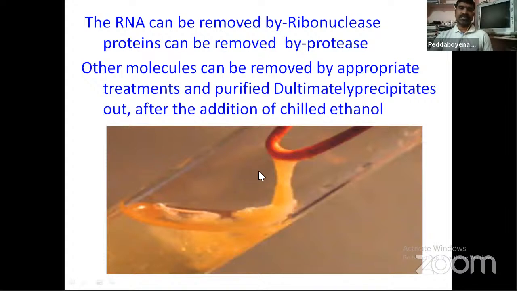After adding the chilled ethanol, this is called the isolation process.